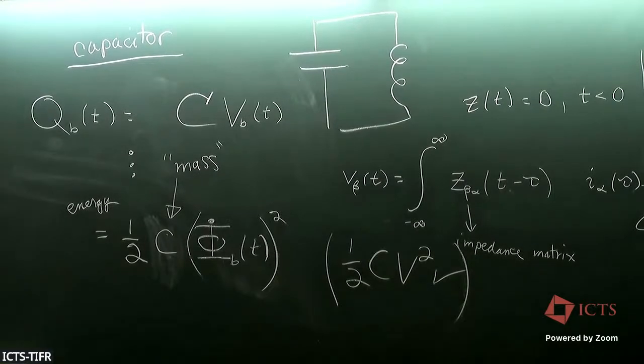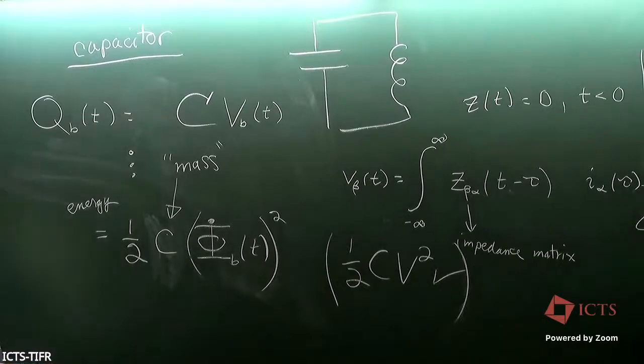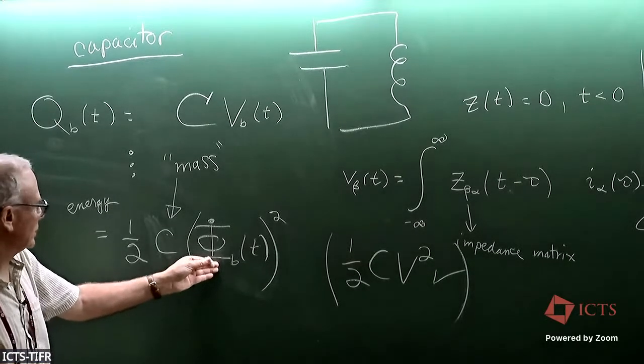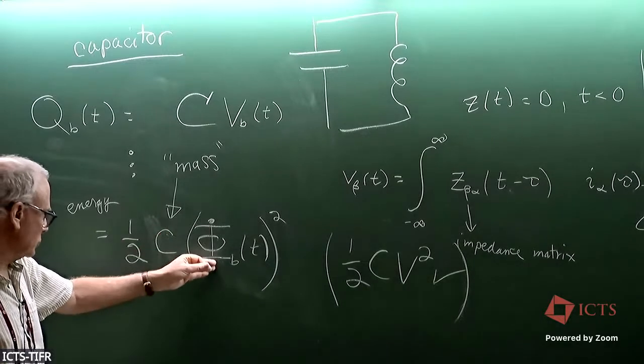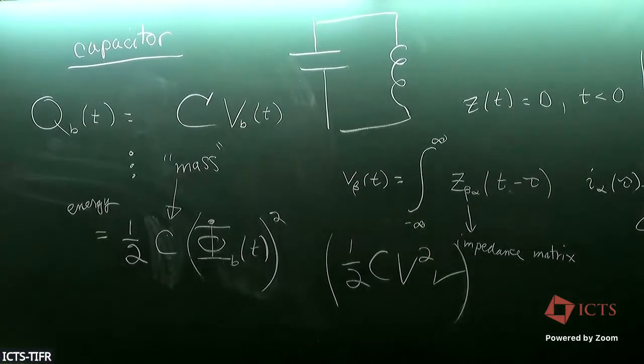C does not have the dimensions of mass because φ doesn't have the dimensions of position. However, if you felt like it, you could do a rescaling and introduce some dimensional constant. So this had the dimensions of meters, or velocity meters per second, and then this would really have the dimensions of kilograms. Sometimes we do that, but it's not really necessary for this.